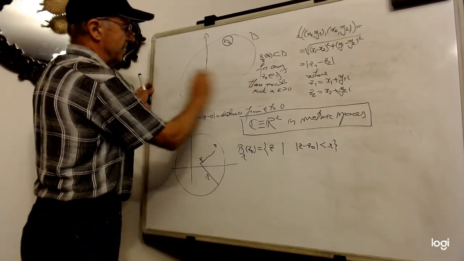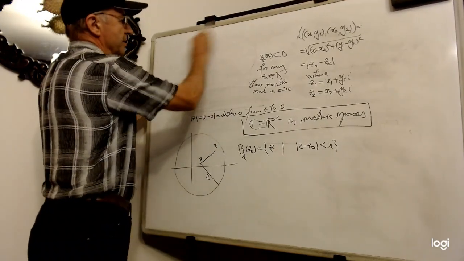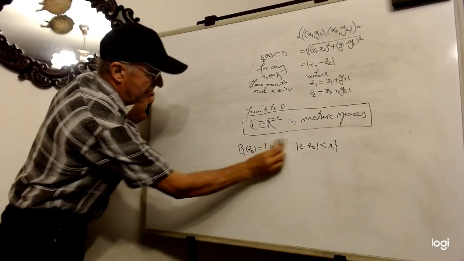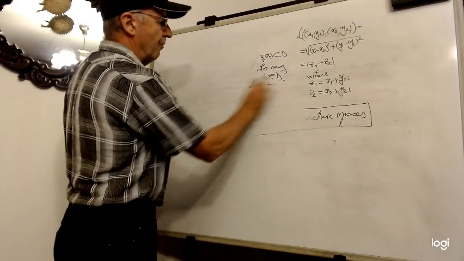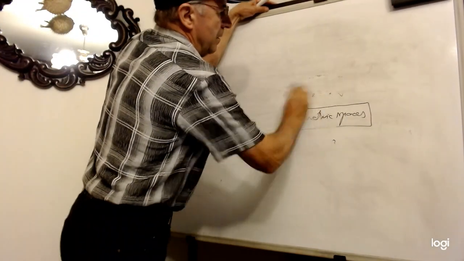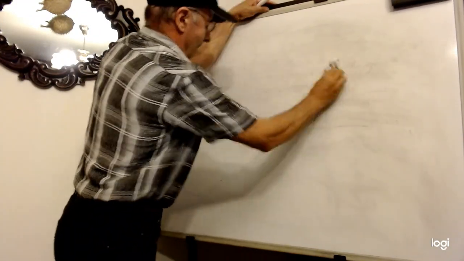Now, as concerns the convergence of sequences of complex numbers, we have the following very useful relation.